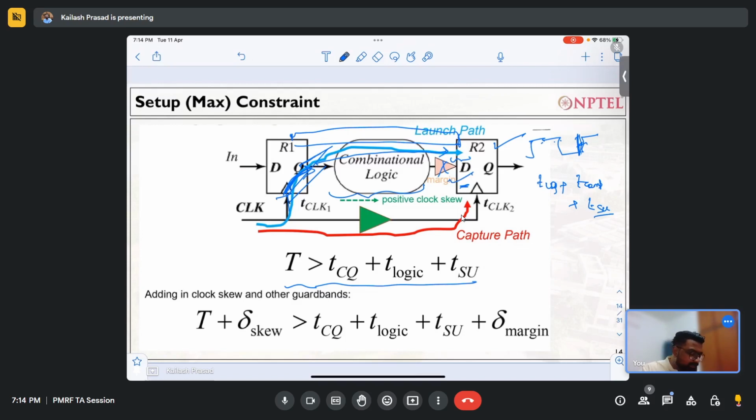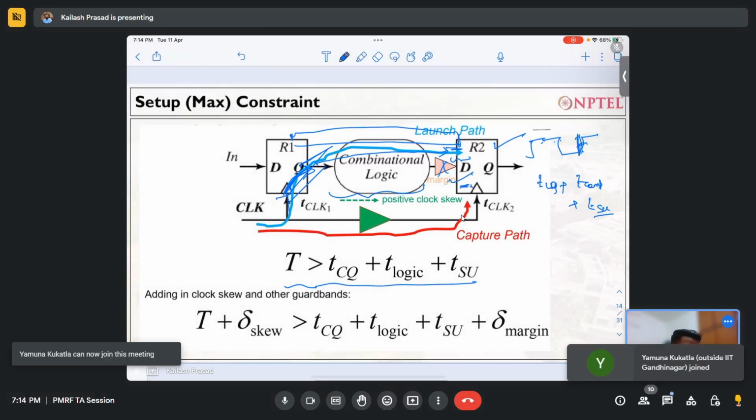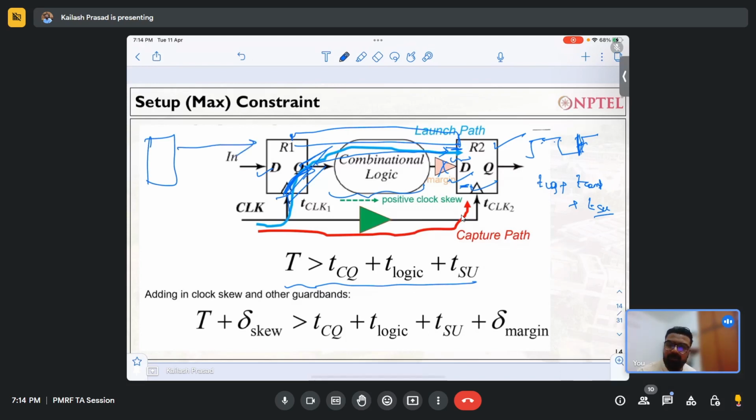Data is coming to this flip flop, so that is the reason we are taking the setup time of this particular one. And if I have another flip flop over here and I'm calculating the timing path, then I will see the setup of that flip flop.